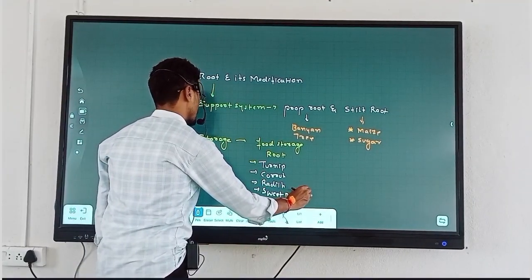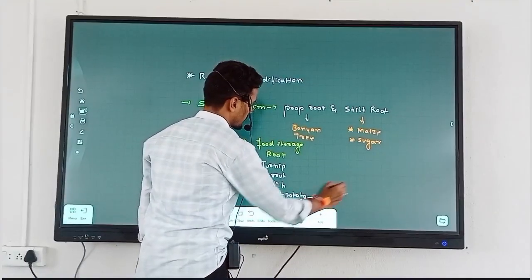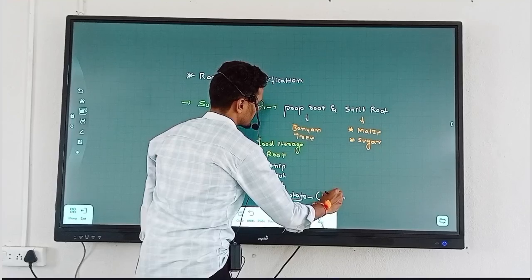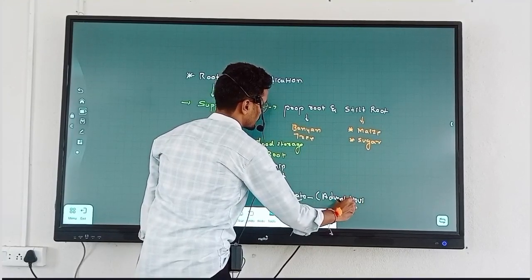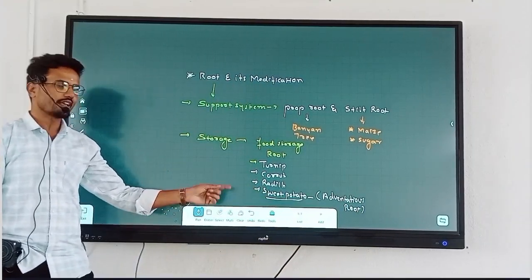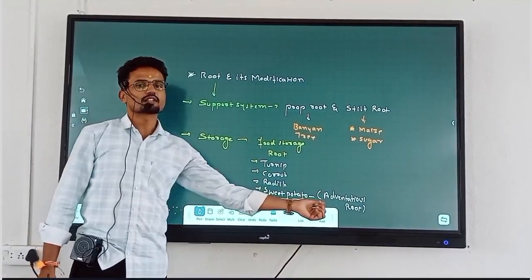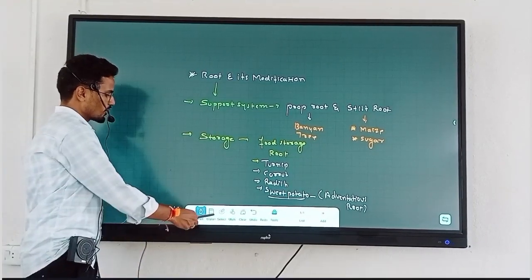Here sweet potato is an example of an adventitious root. It is also a type of root modification.